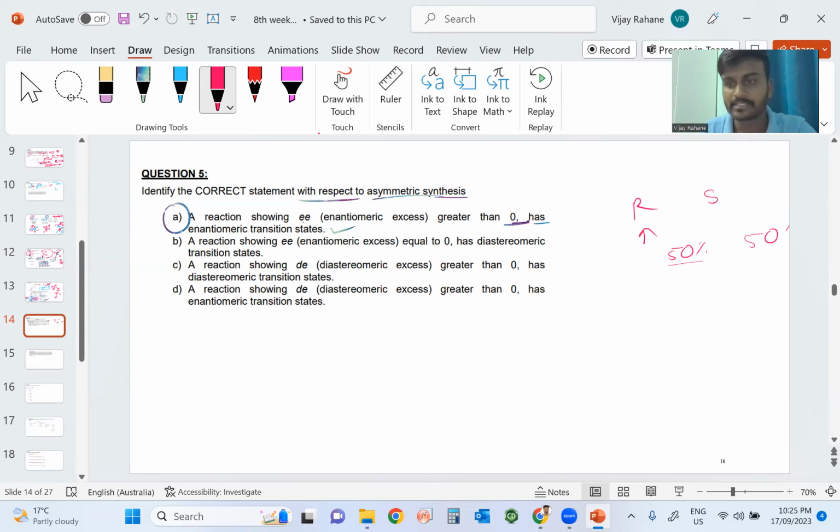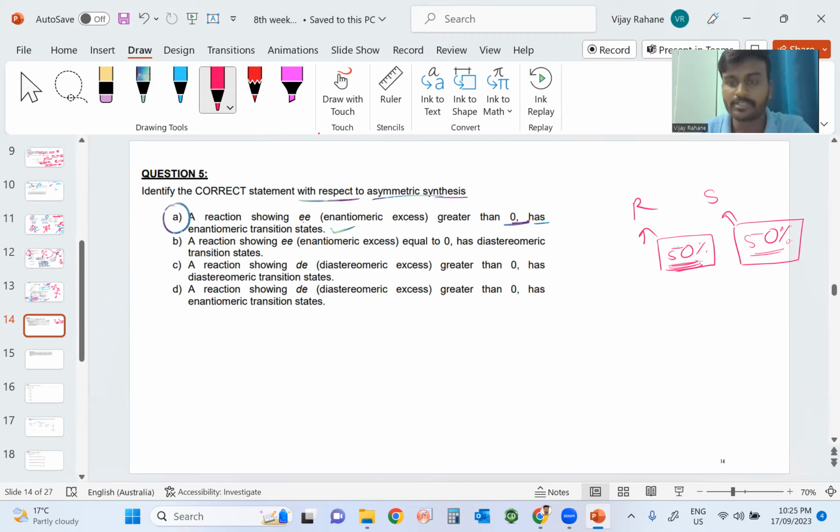So normally whichever reaction is not stereospecific, or we can say whichever reaction gives the racemic mixture, has 50% of both R and S, right? Whether it is dextrorotatory or levorotatory, both stereoisomers are in equal proportion.